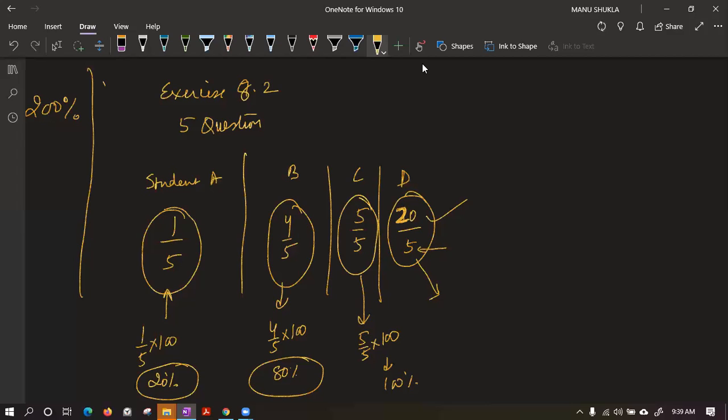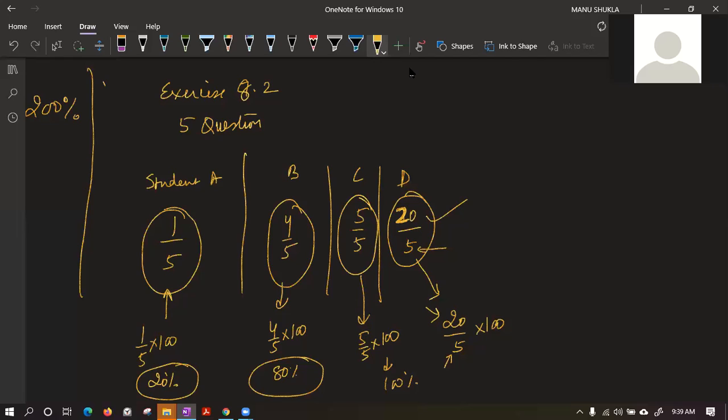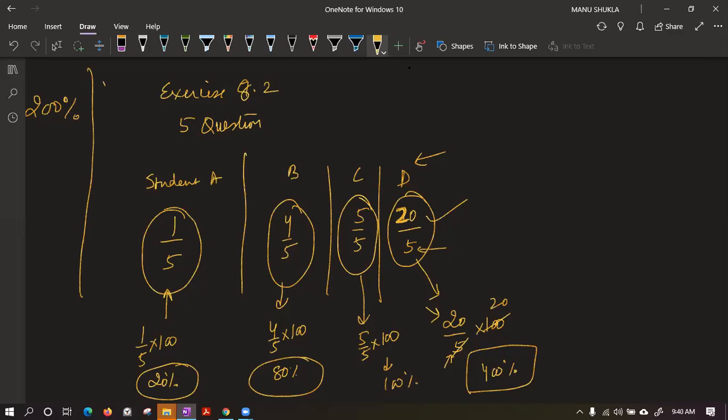Whatever the teacher is teaching, he is understanding extra, and he is solving extra questions in advance. You can see the denominator is less, numerator is high, so obviously the percentage will be more. So 20 by 5 is 400%. This particular student D has done 400% of work.